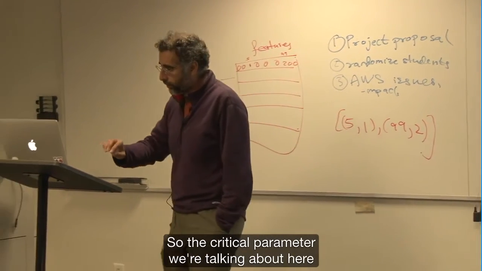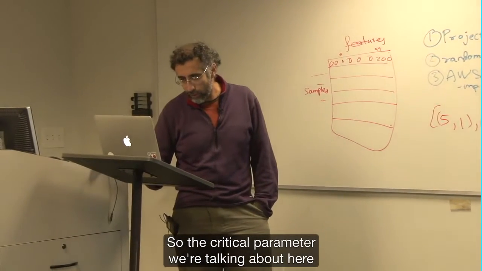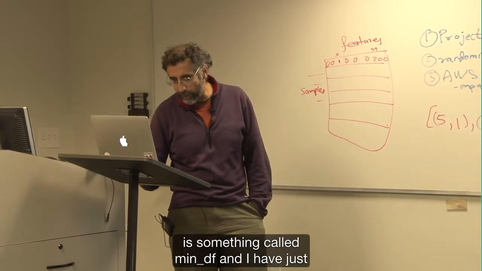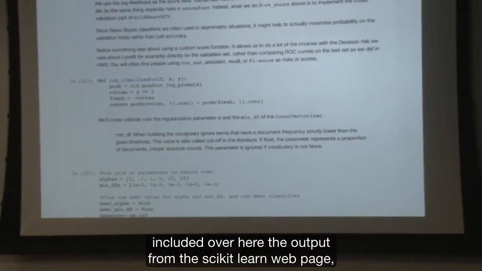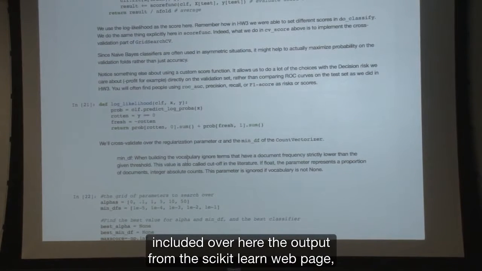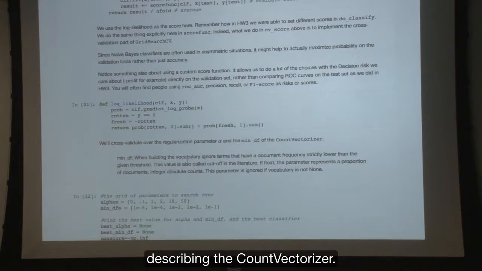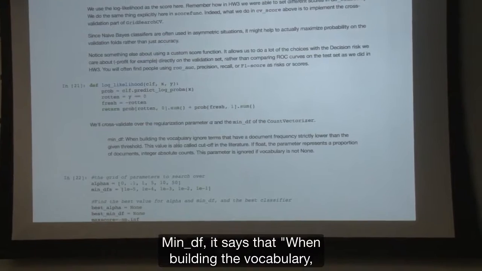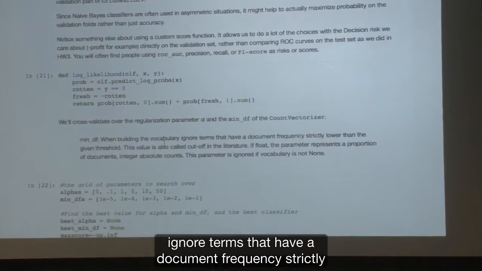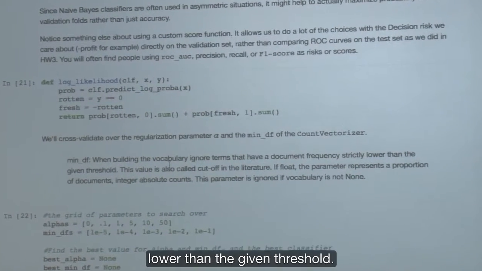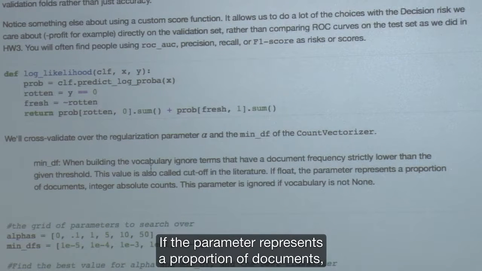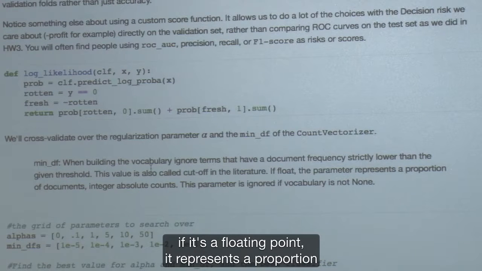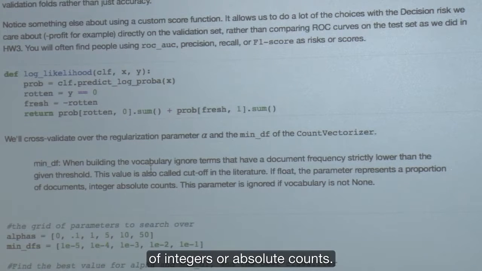So the critical parameter we are talking about here is something called min_df, and I've just included here the output from the scikit-learn webpage describing the CountVectorizer. It says that when building the vocabulary, ignore terms that have a document frequency strictly lower than the given threshold. This is also called the cutoff. If the parameter is a floating point, it represents a proportion of documents; if it's an integer, it represents absolute counts.